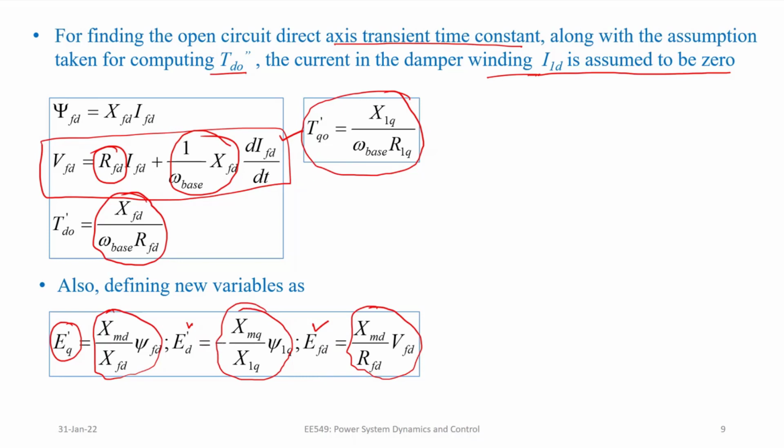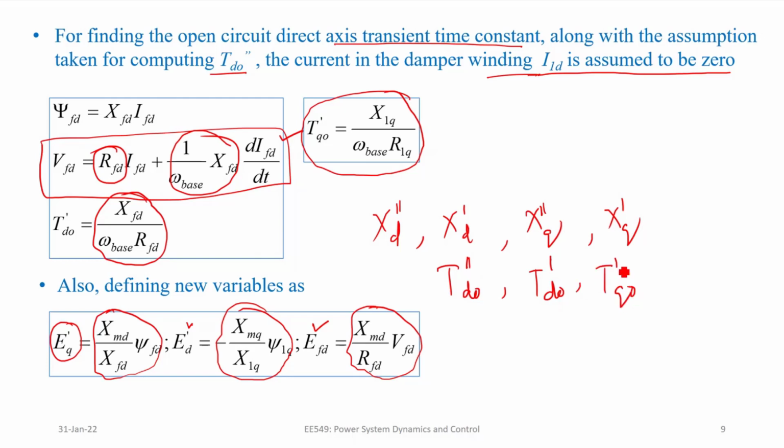So we'll find the equations in a simplified manner, considering EQ dash, ED dash, EFD, and your time constants, like your reactances, subtransient and transient reactances, XQ double dash, XQ dash, and TDO double dash, TDO dash, TQO double dash, TQO dash, and these parameters like EQ dash, ED dash, and EFD.